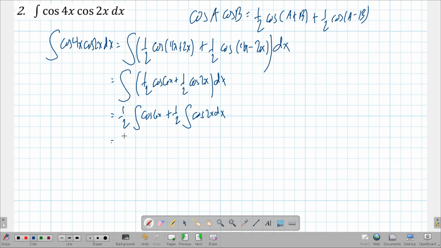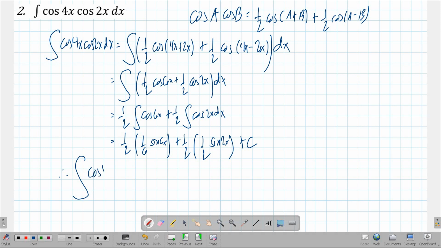Hence, I'm going to have here 1/2 times 1 over 6 sine 6x plus 1/2 times 1/2, sorry, not cosine, but sine 2x plus c. Therefore, the integral of cosine 4x cosine 2x dx is equal to 1 over 12 sine 6x plus 1/4 sine 2x plus c.